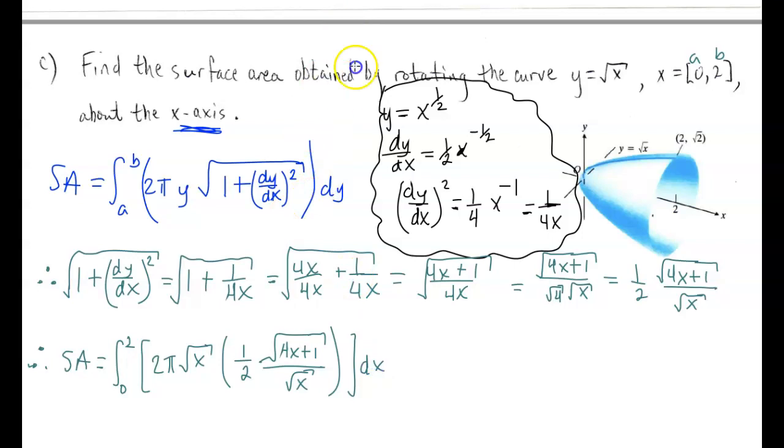I don't know why I have dy there, probably because I've been doing the last couple problems with dy, but I need to switch that and make it a dx right here.